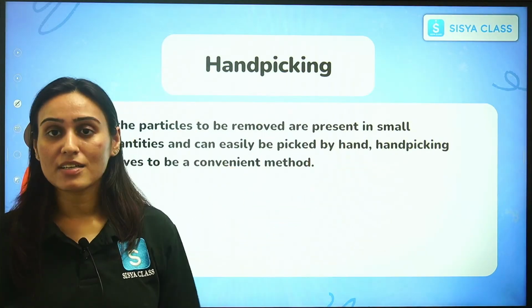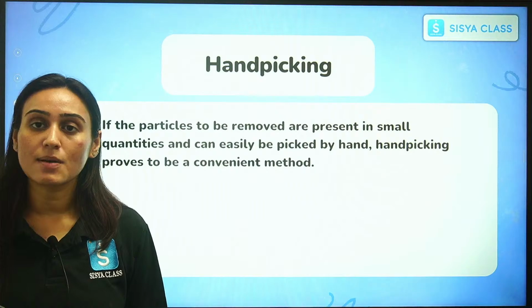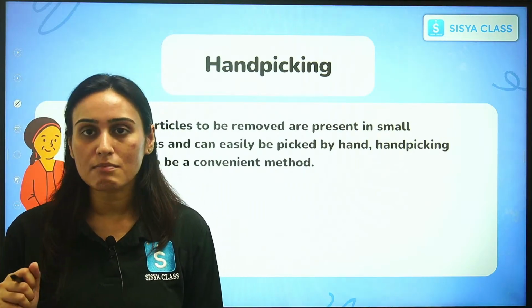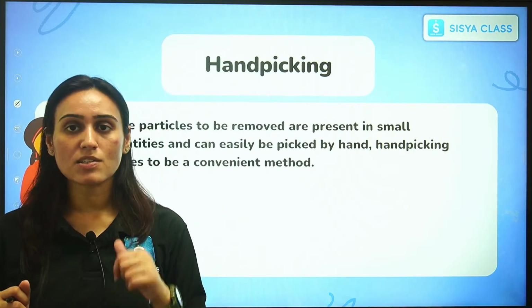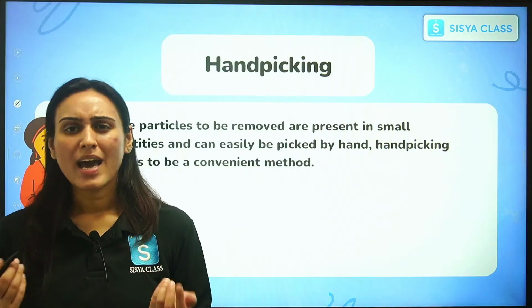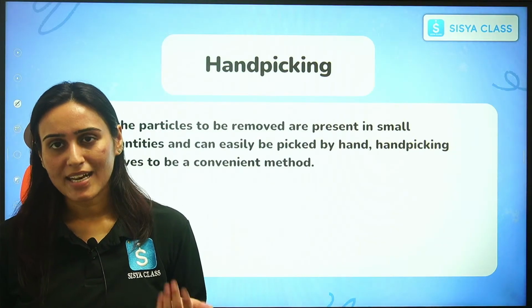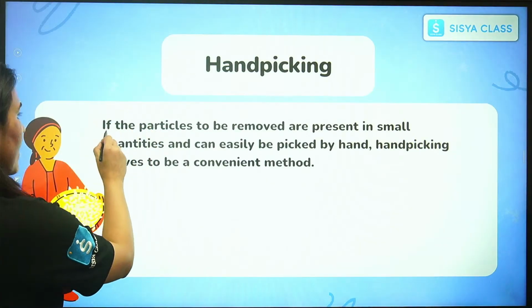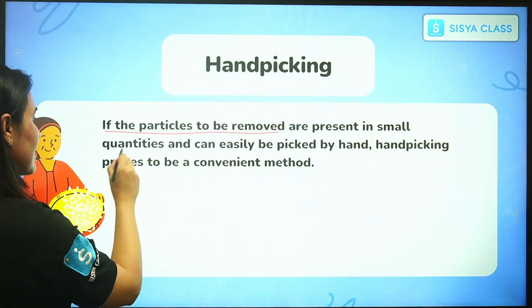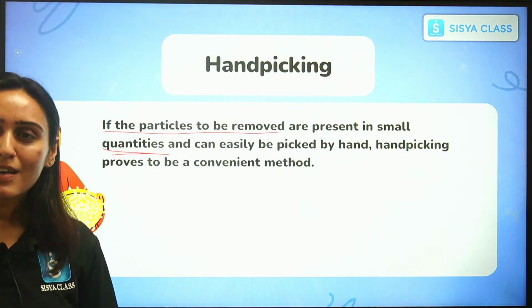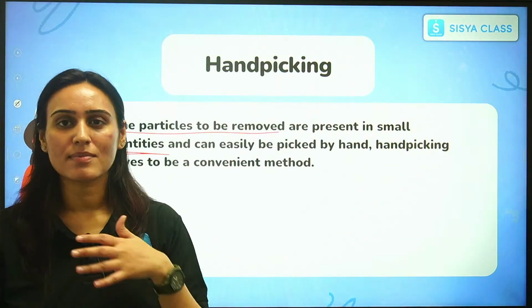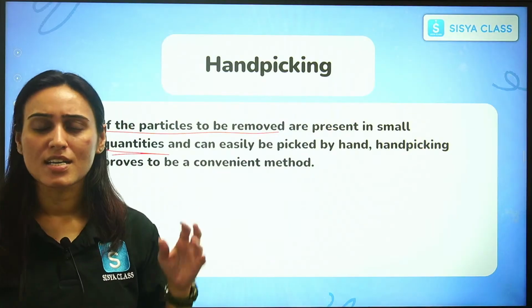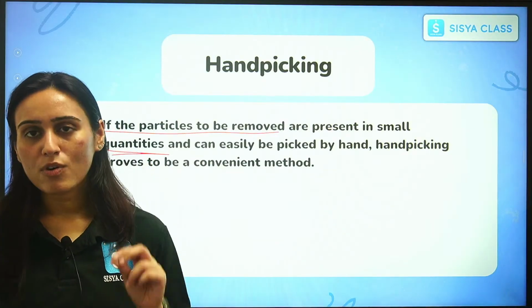For some other type of components where we have similar shape of unwanted particles, maybe similar size also, maybe similar color also, hand picking obviously will not work there, right? So if the particles to be removed are present in small quantities, otherwise, as I have told you, it is a very time-taking, very tiring process. You can't just sit there and remove particles one by one.